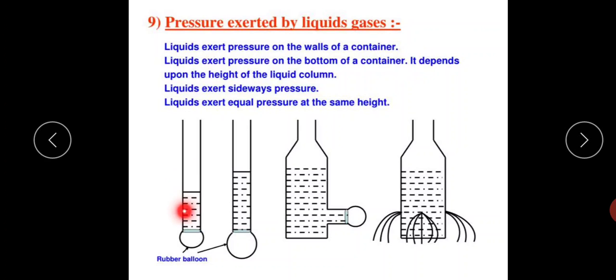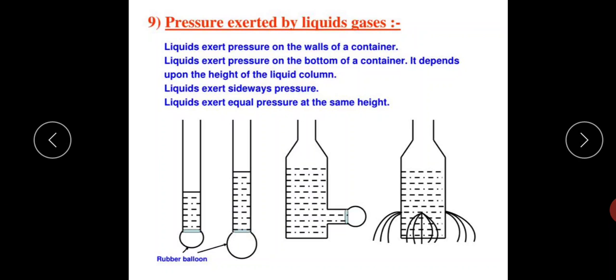In any container, if we have placed liquid, that liquid exerts pressure on the walls of the container. Liquids exert pressure on the bottom of a container. It depends upon the height of the liquid column.